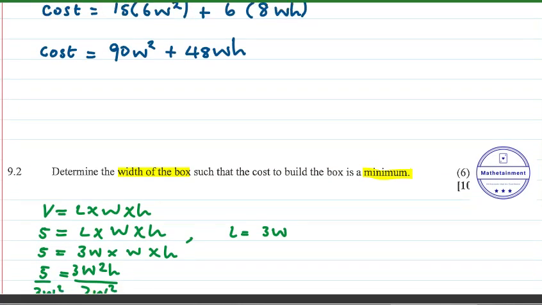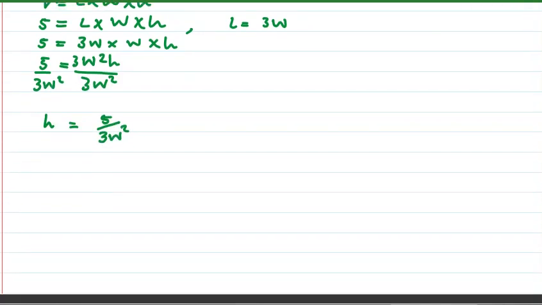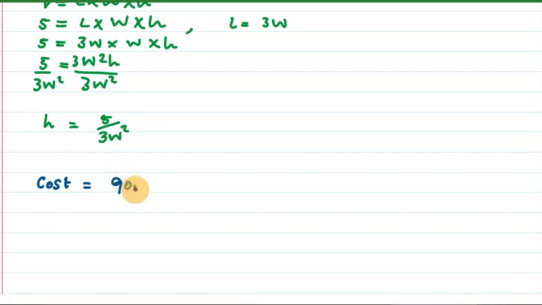Now we are almost there. Okay, look carefully. Go back to the cost. Our cost is written to be 90W squared plus 48WH. Now you can let your H be equal to 5 over 3W squared.